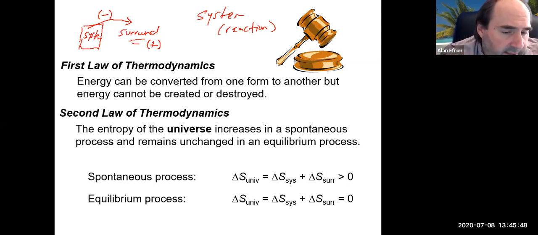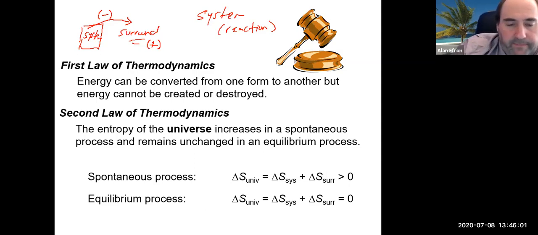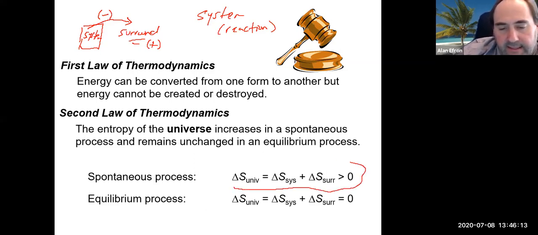Now, the second law of thermodynamics is what we're talking about here with entropy. The entropy of the universe increases in a spontaneous process and remains unchanged in an equilibrium process. So one way that we could use entropy to actually calculate whether or not a reaction will be spontaneous is we do have to calculate what is known as the delta S of the universe.